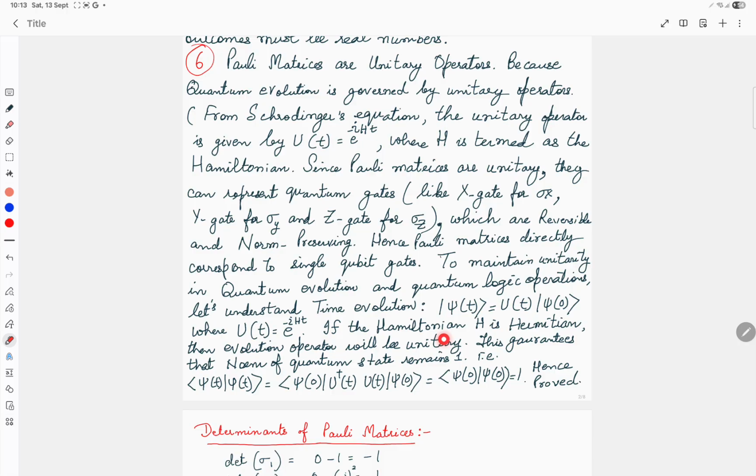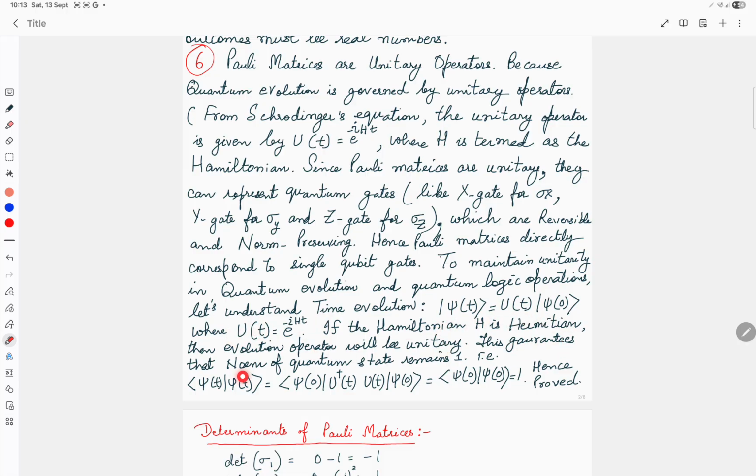If the Hamiltonian is Hermitian, then the evolution operator must be unitary, because the time evolution operator is given by e to the power minus iHt. H is the Hamiltonian. Now if the Hamiltonian is Hermitian, therefore the time evolution will be unitary.